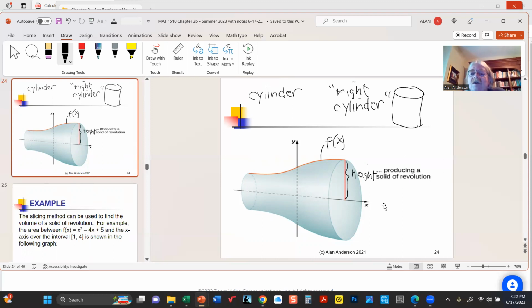But the important thing here is that we don't have a formula for this shape. What we do know is the radius of the cross section, which is itself a circle. In other words, we can think of this as our cross section, or the slice that we'll use, and the radius would just be the height of this function from the horizontal axis up to f of x.